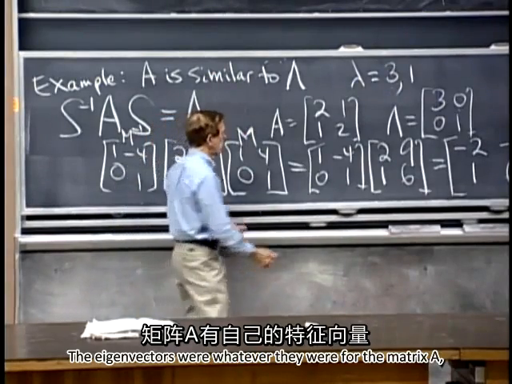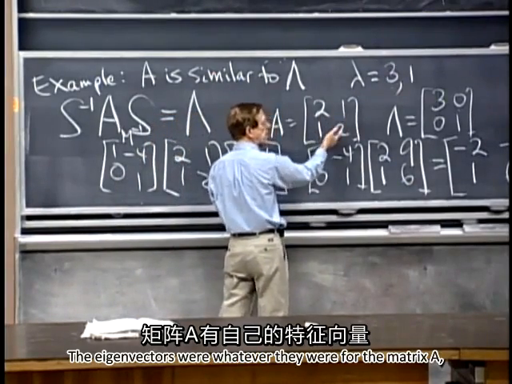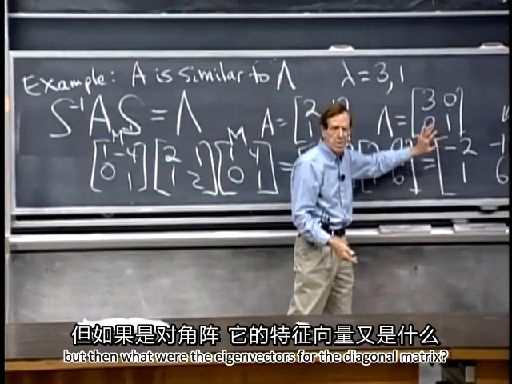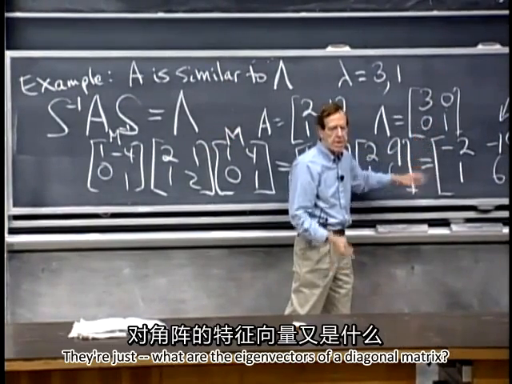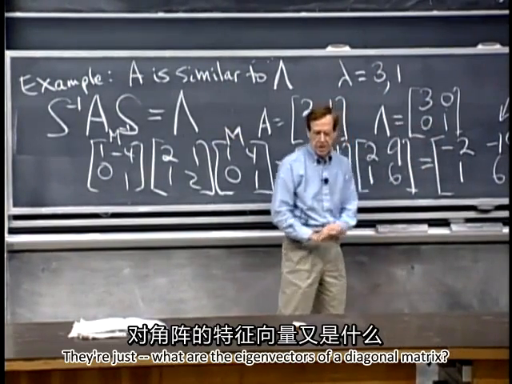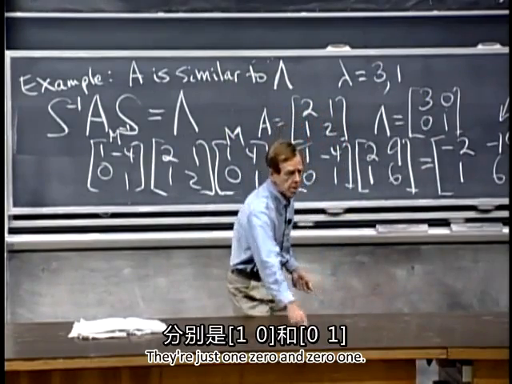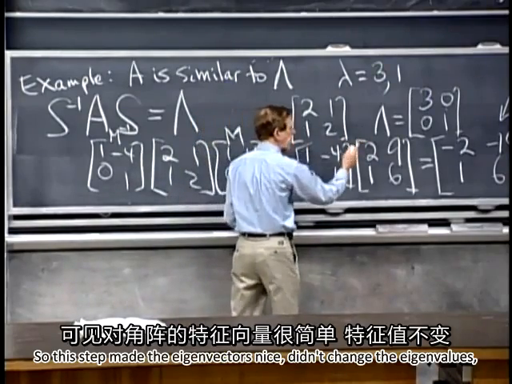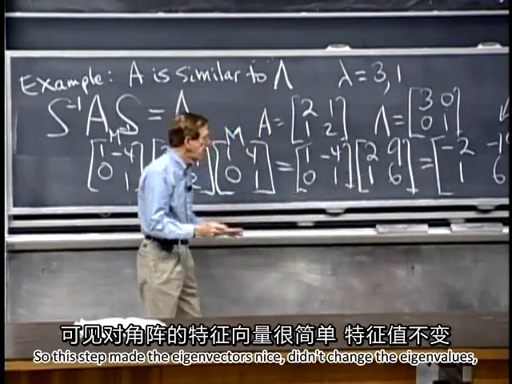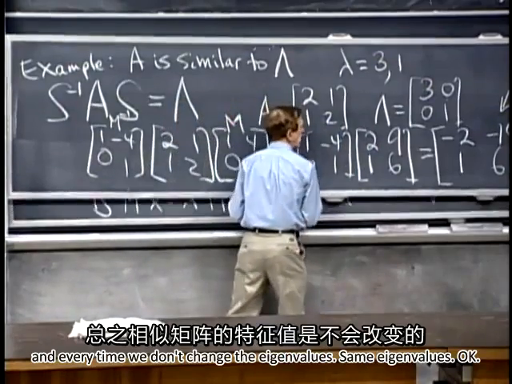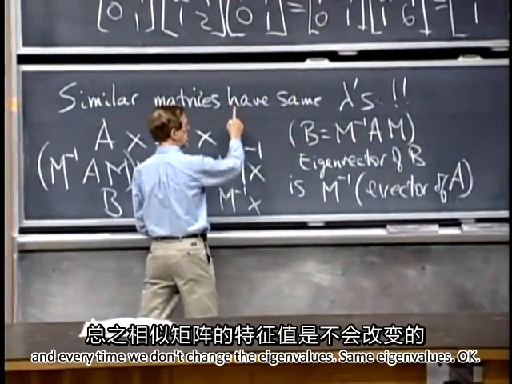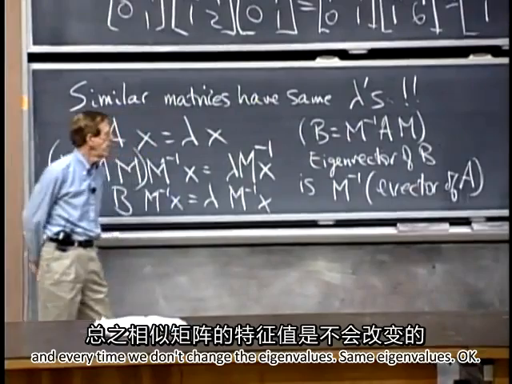The eigenvectors were whatever they were for the matrix A, but then what are the eigenvectors of a diagonal matrix? They're just 1, 0, and 0, 1. So this step made the eigenvectors nice, didn't change the eigenvalues, and every time we don't change the eigenvalues, same eigenvalues. Okay.